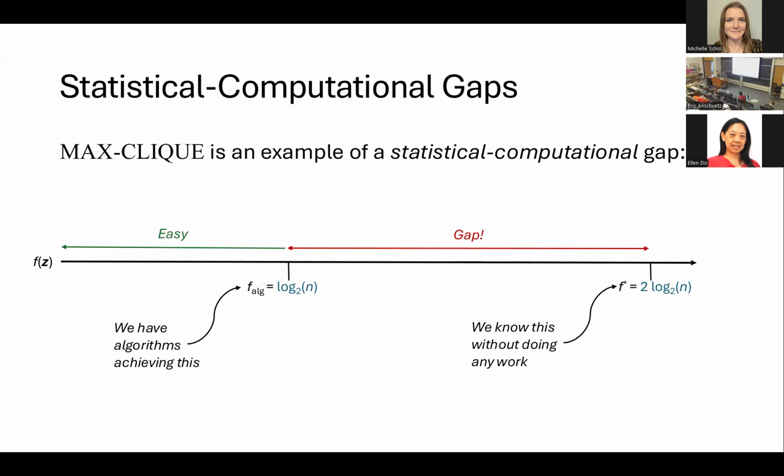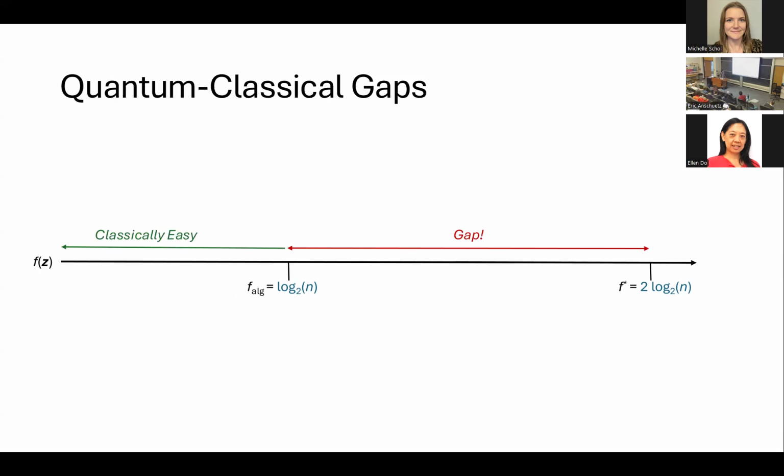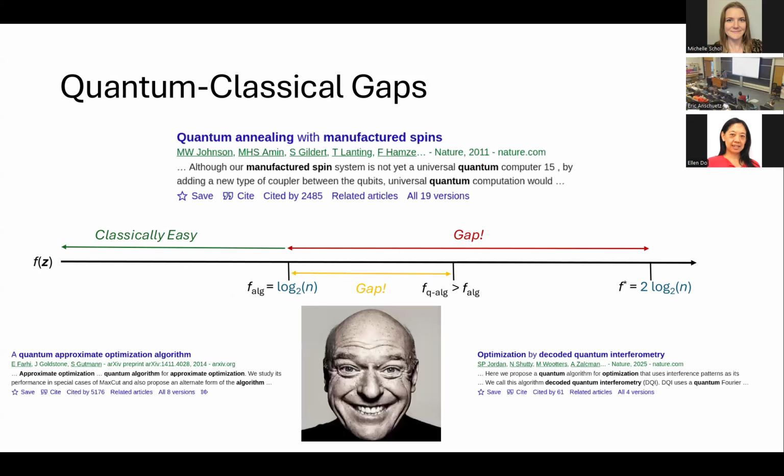Okay? And the natural thing to ask now that we have access to quantum computers is, well, what about quantum algorithms? There are two universes we might live in. There's one universe where the value achieved by quantum algorithms is better than the value achieved by traditional algorithms, and there are a lot of heuristic algorithms out there thinking about this.